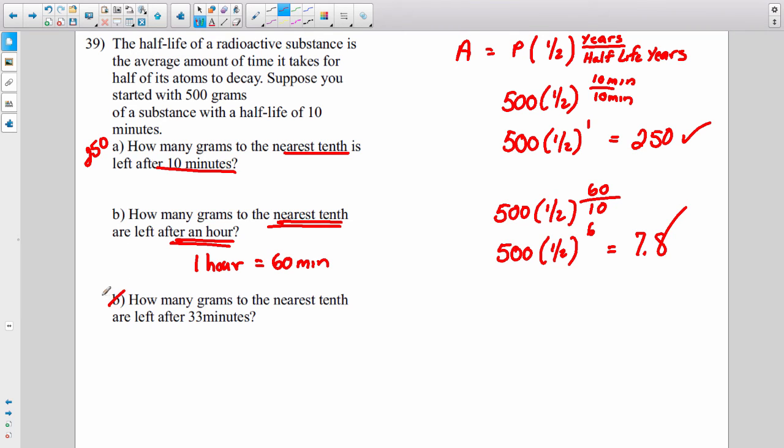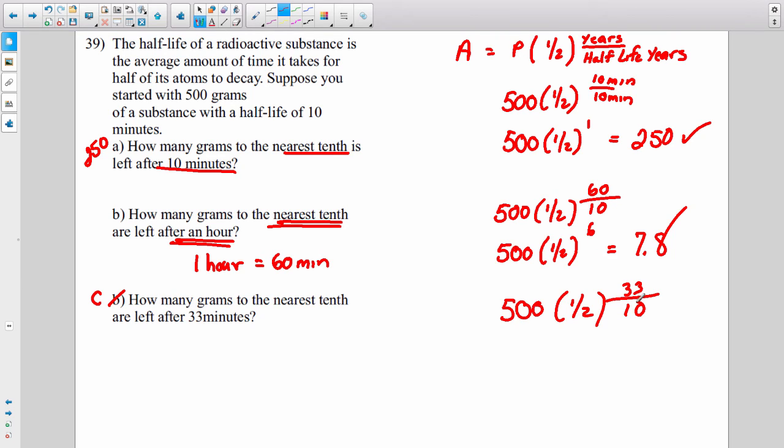Question BB, or we'll call that C. Question C. How many grams after 33 minutes? Now this is more realistic. I like that because you're getting a crazy fraction. So it's 500 times 1/2. We've been sitting around for 33 minutes waiting, and every 10, it's going to cut itself in half.